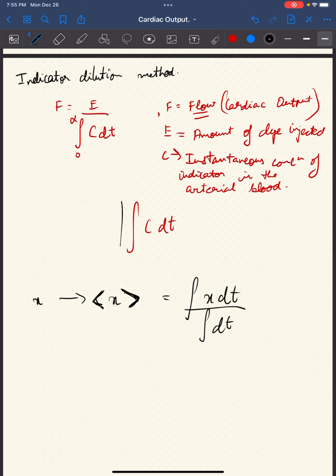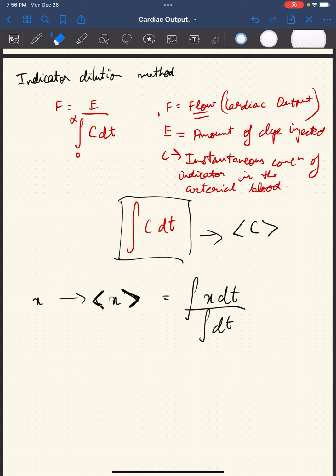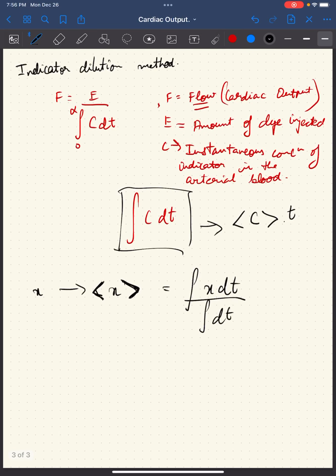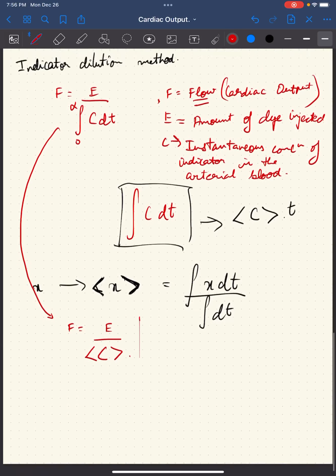So this term here is the same as the average of x times integral dt, which is nothing but the time difference. So we can write this equation as F equals E upon average value of concentration into time.